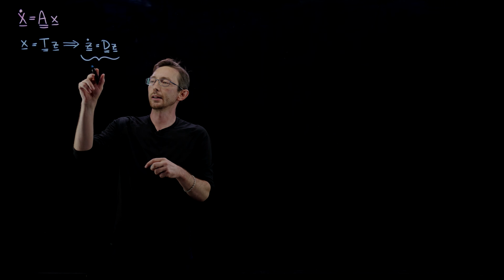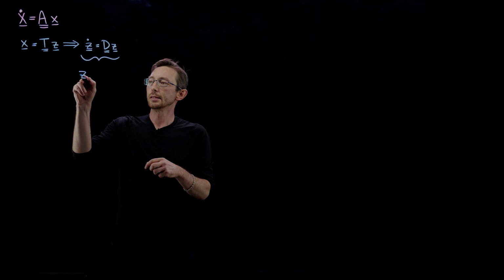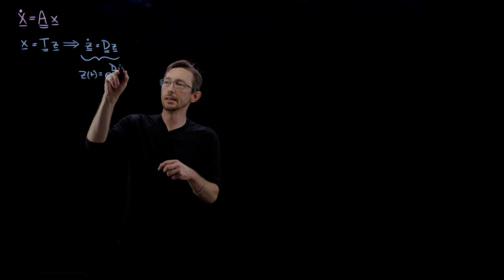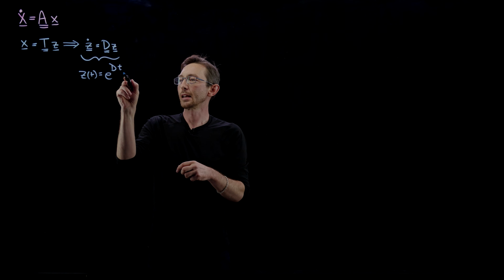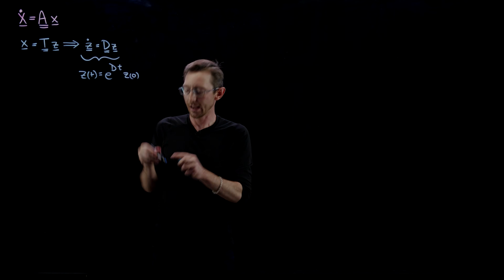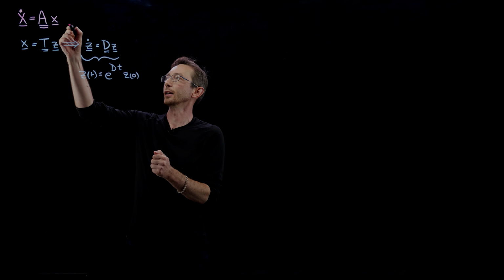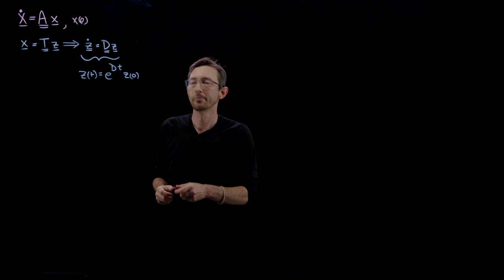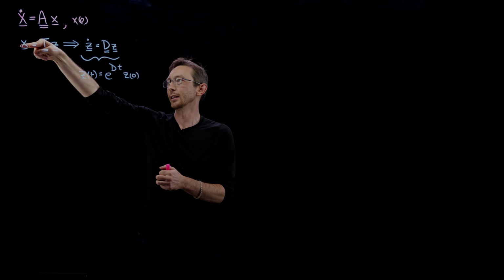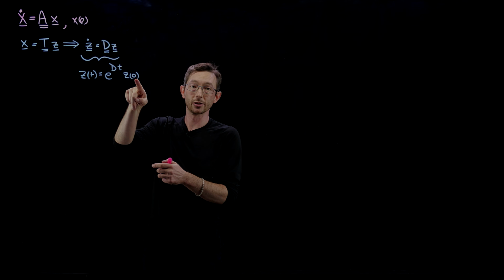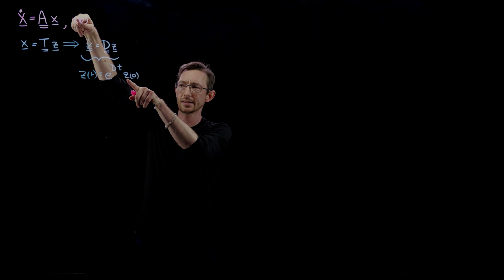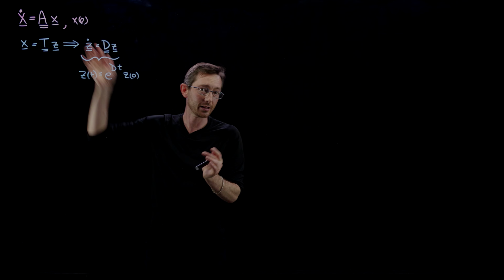This is just z of t equals e to the matrix D t times whatever initial conditions I have. I should probably write down my initial conditions. I have x at time 0 as my initial conditions, and those are going to have a corresponding initial condition in z. This is literally z naught equals T inverse x naught. That's pretty simple.